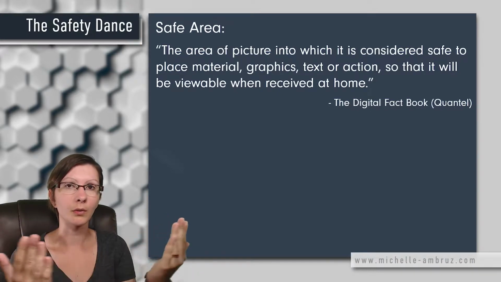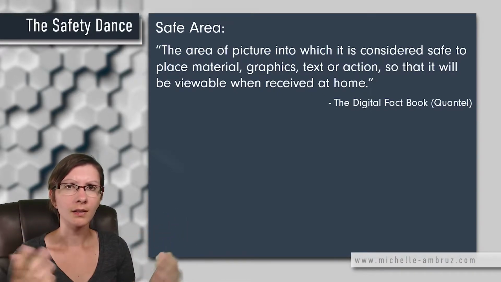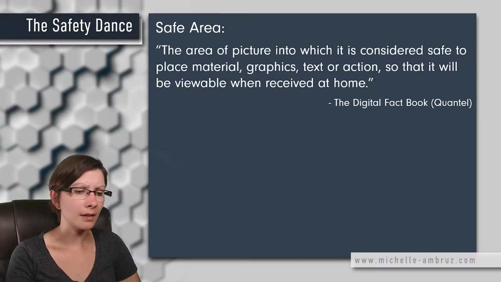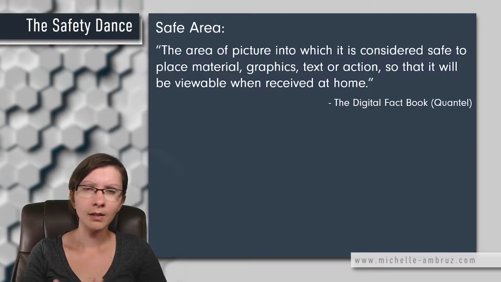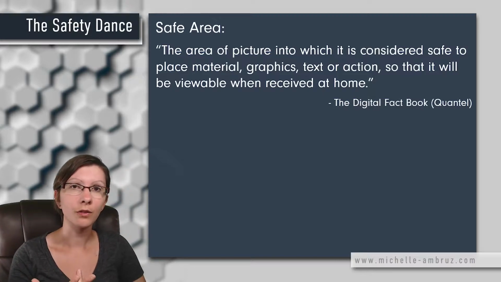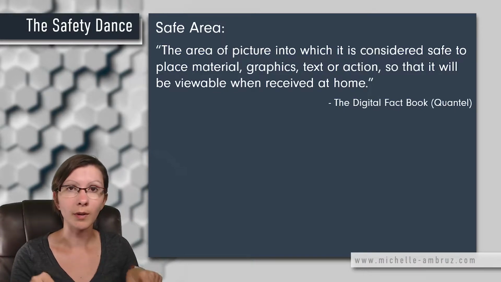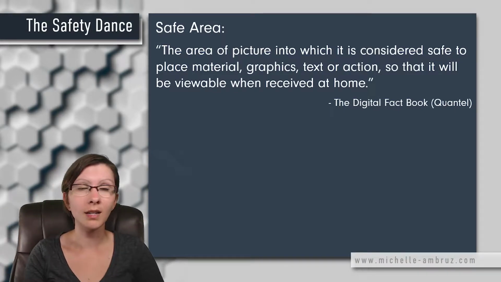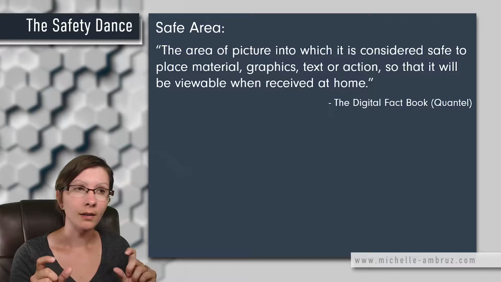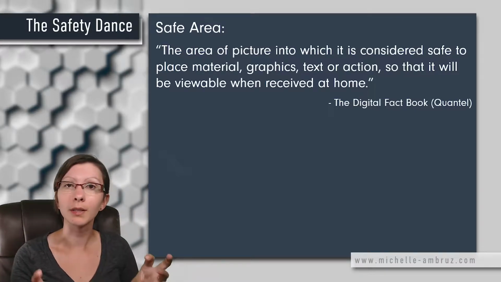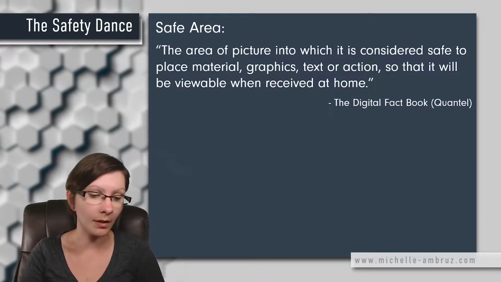If you remember the old analog TV sets, the screen always had a bit of a bulge to it, and it caused this phenomenon where, if you were broadcasting on television, especially in a 4:3 aspect ratio, a lot of the edge would actually get cropped. And depending on what brand of television set you had, it could crop it more or it could crop it less. You never quite knew.